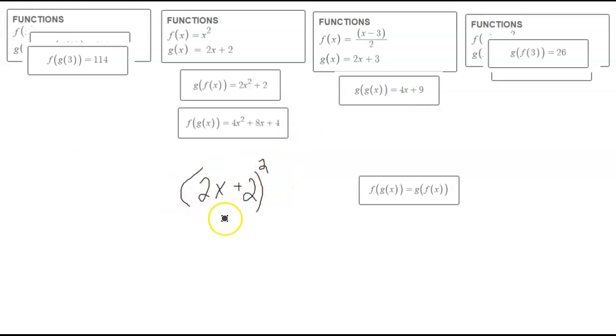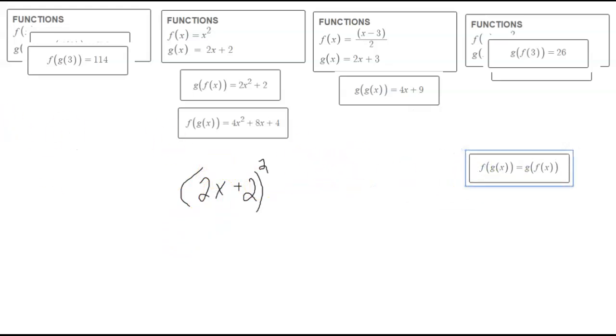Whenever you're squaring a binomial like this, it's really simple. It ends up looking like this.